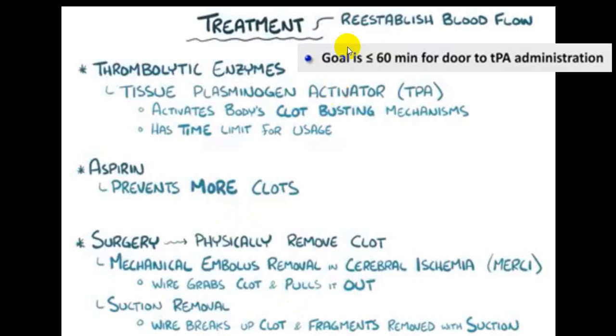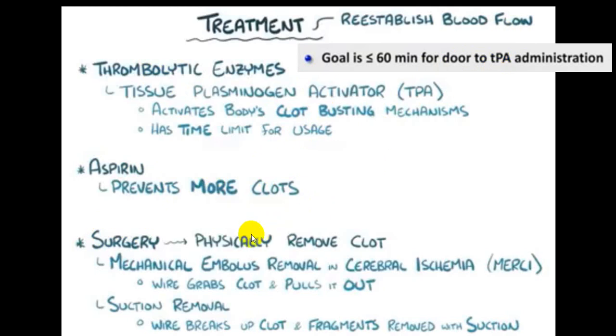Now, you want to re-establish the blood flow, particularly in case of thrombosis and embolism. The goal has to be achieved within 60 minutes for door to TPA administration. So for thrombolysis, TPA is being utilized. And for prevention of more clots, you will have to give aspirin. And you might require a surgical intervention in case of a thrombus which is not being lysed by TPA.